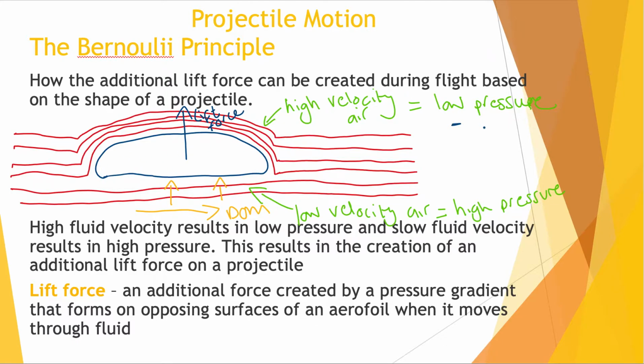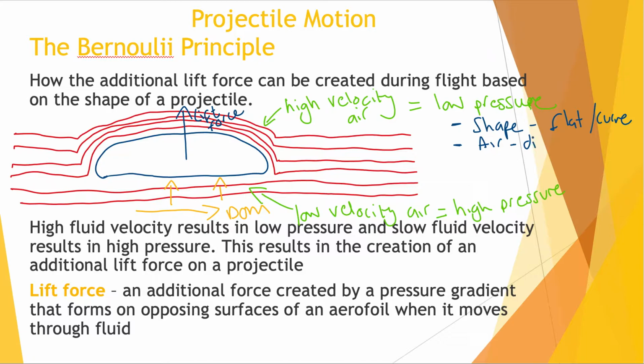So the first thing you would talk about is shape. And it's a flat and a curve, okay? The next thing we talk about is what that does to the air, all right? So it forces the air in different directions. It forces some air the long way around, okay?